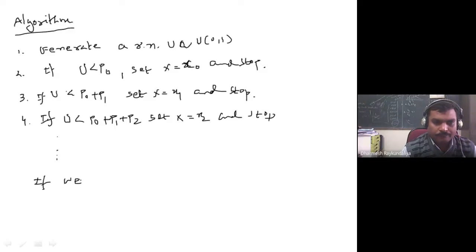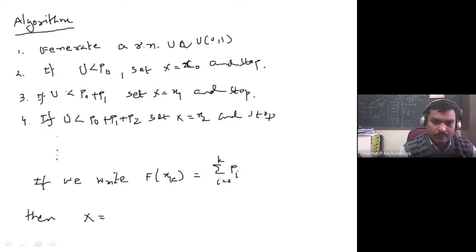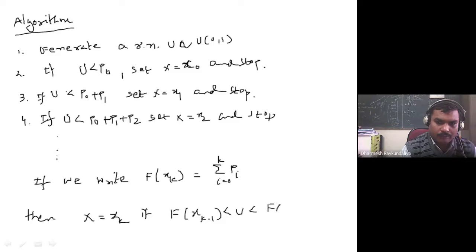If we write f of xk as the summation of p of i, with i running from 0 to k, then x takes value xk if the uniform number lies between f of xk minus 1 and f of xk.